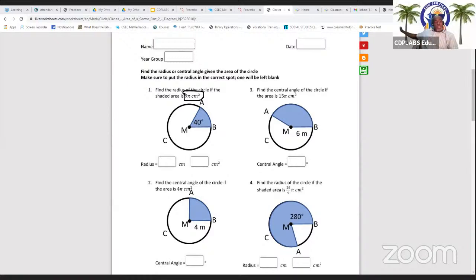How to find the radius? Right there. So you are given the angle and you are given the area.